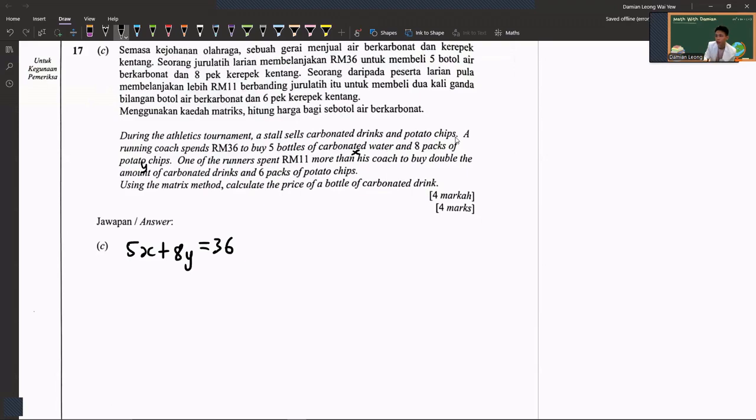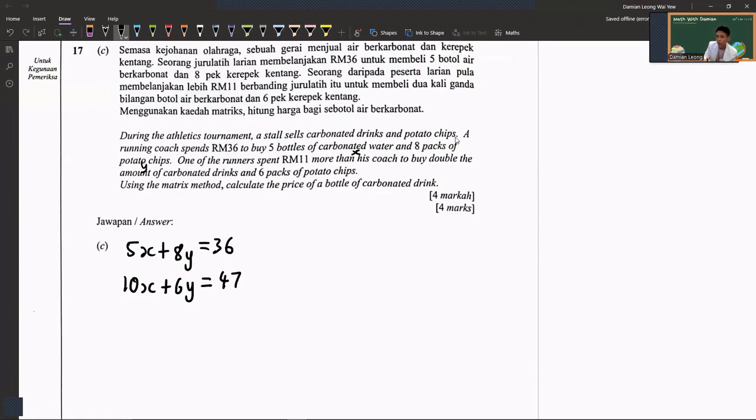One of the runners spent 11 ringgit more than his coach, means 47 ringgit. Double the amount of carbonated drinks, means 10x plus 6 packets of potato chips, 6y. These are the 2 equations.